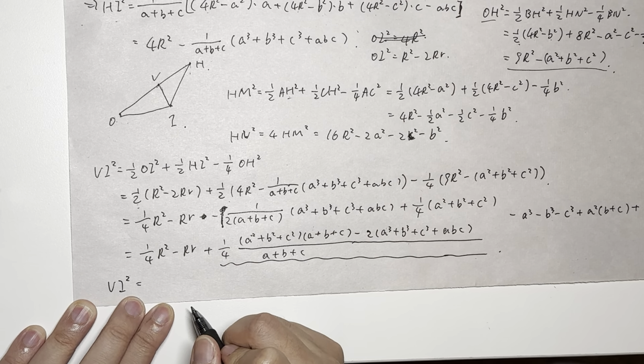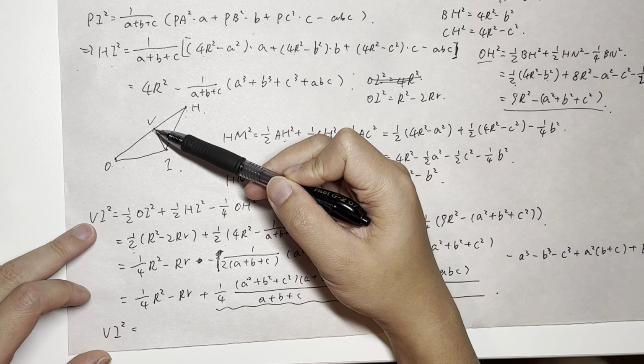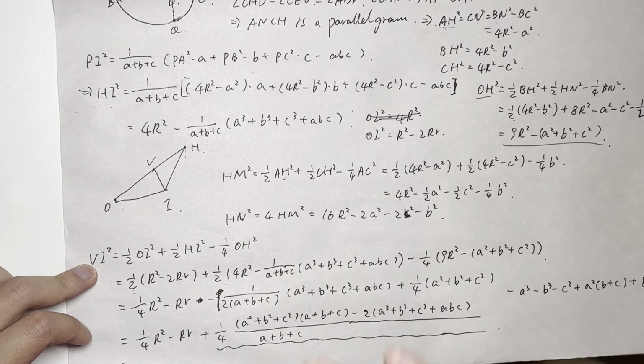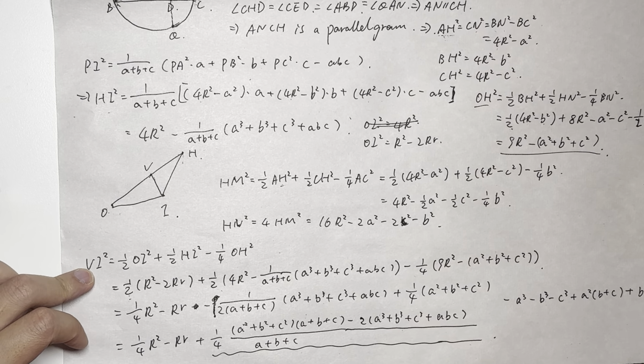We want to prove that the nine-point circle is tangent to the inscribed circle, right? What's the radius of the nine-point circle? That's half of the circumcircle radius, right?